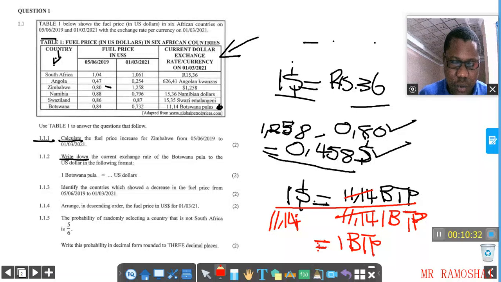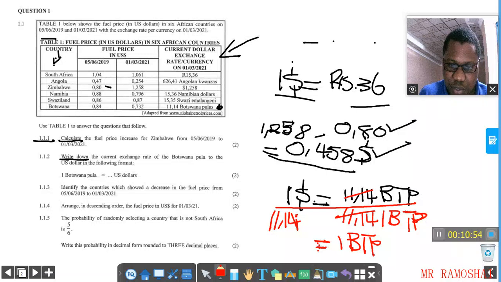they didn't tell us how we should round off, but this is an exchange rate, so those lots of numbers matter. So make sure you at least round it to 5 decimals, because even 1 decimal makes a lot of difference, right?